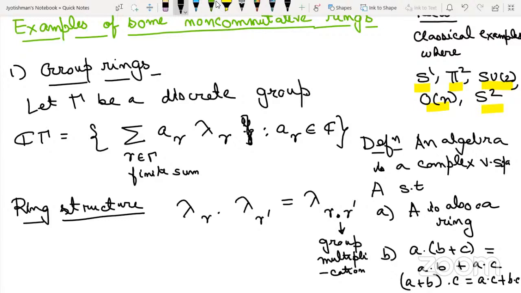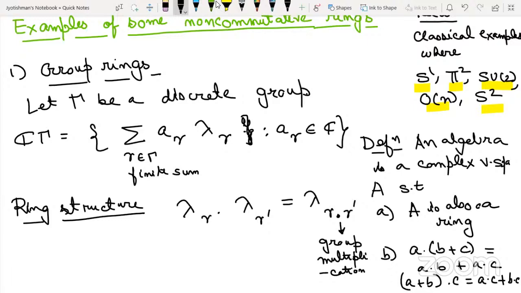For the moment I am just using it as a symbol. If you want, you can also write just gamma instead of lambda_gamma, but at the moment it's just a symbol.